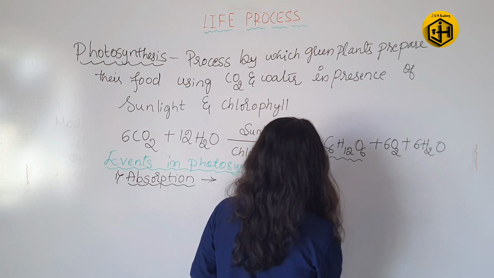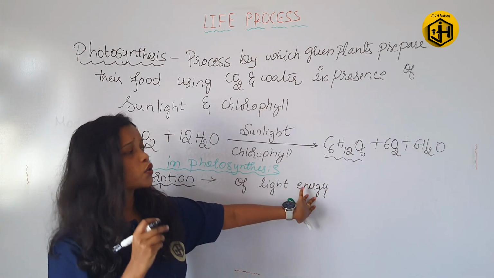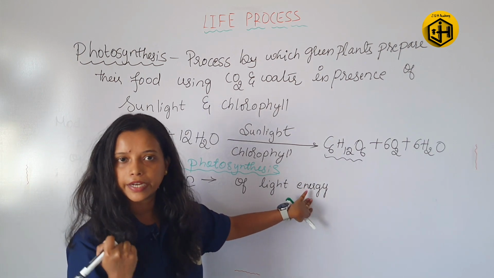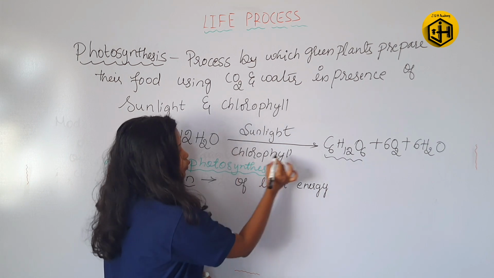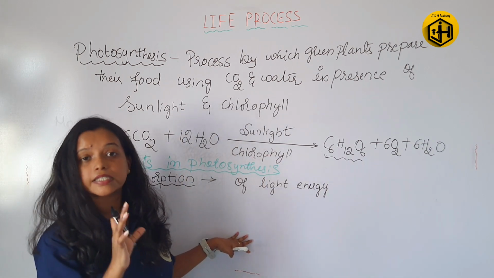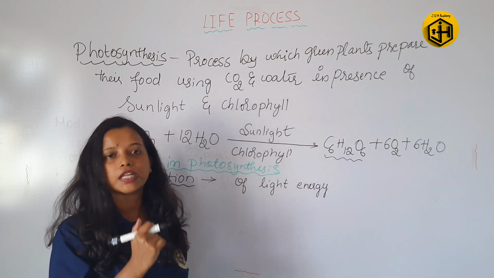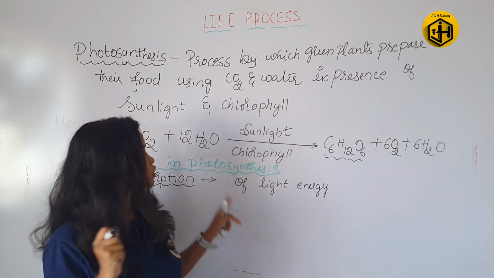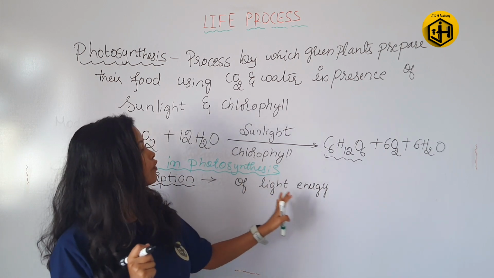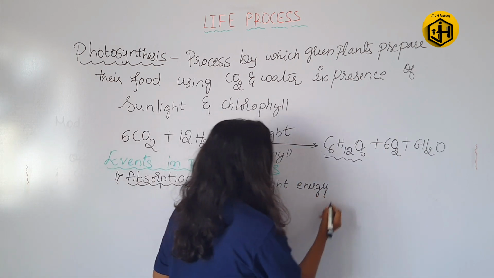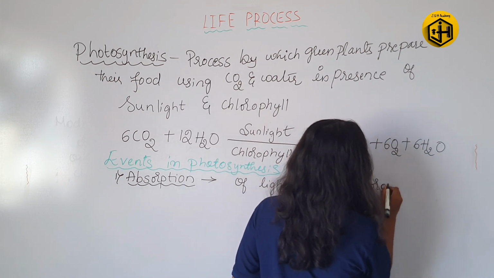Who is absorbing this sunlight? To absorb it there is chlorophyll. Chlorophyll is a green pigment, and only chlorophyll can absorb the sunlight. So: absorption of light energy by chlorophyll.